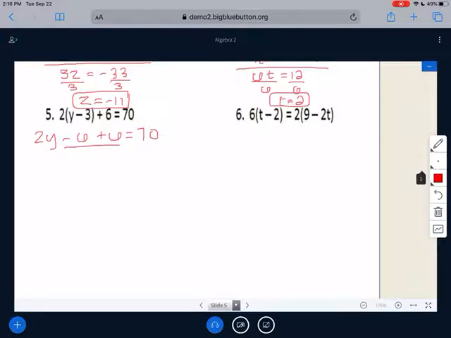These are called additive inverses because when I add opposites together, I get 0. So then that leaves me with 2y equals 70. Divide both sides by 2, and y equals 35.